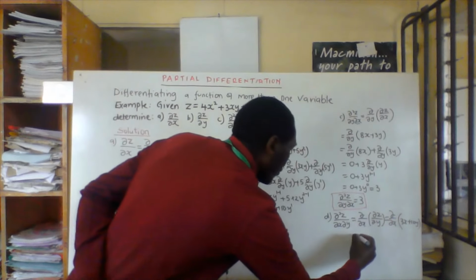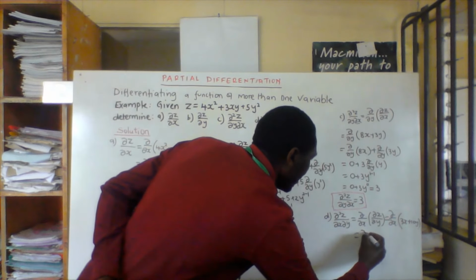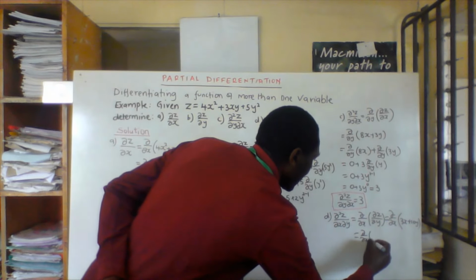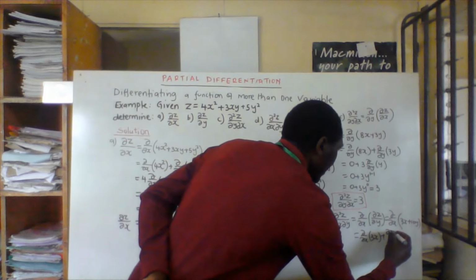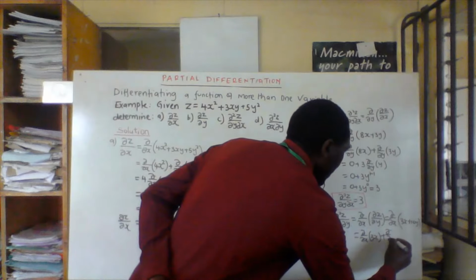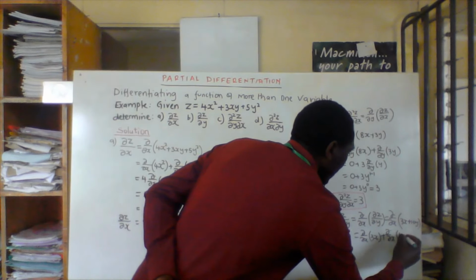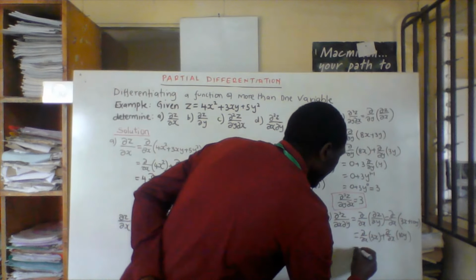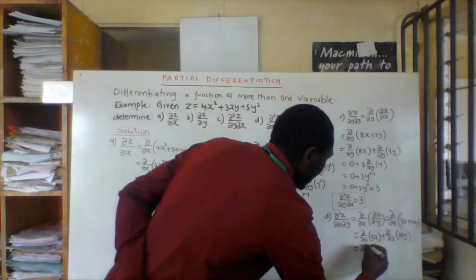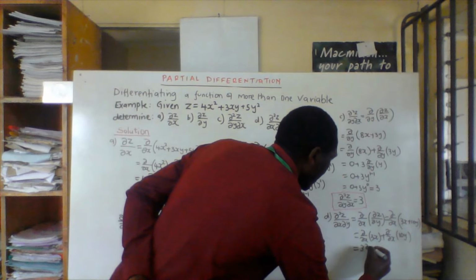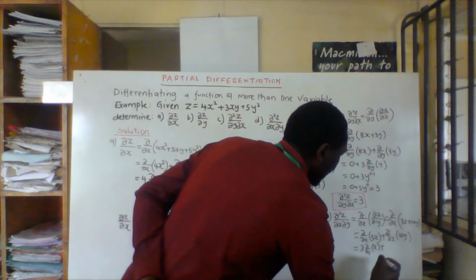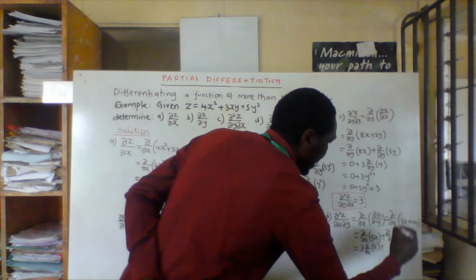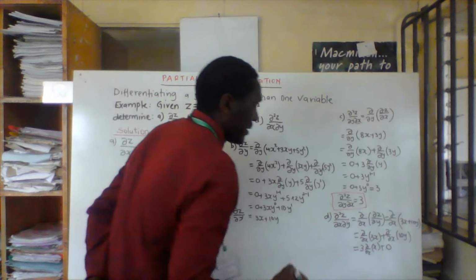Now, we are going to have the partial derivative with respect to x of 3x plus the partial derivative with respect to x of 10y. This gives us 3 is a constant, the partial derivative with respect to x of x, plus, because there is no x here, the second term gives us 0.